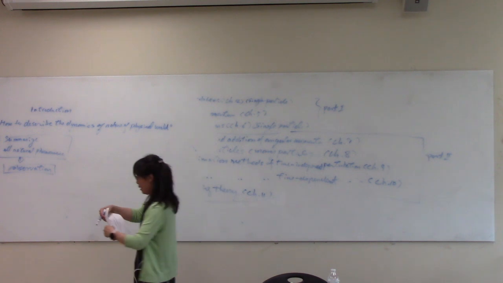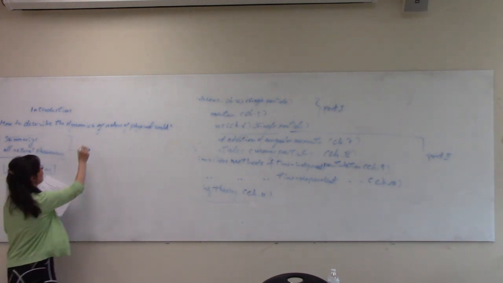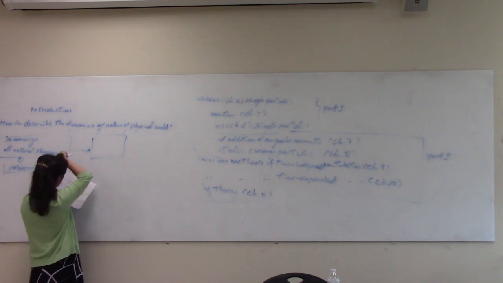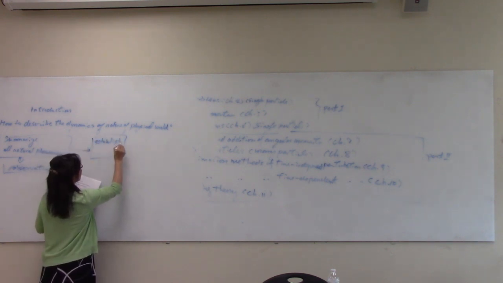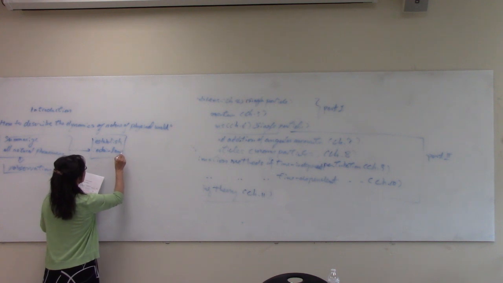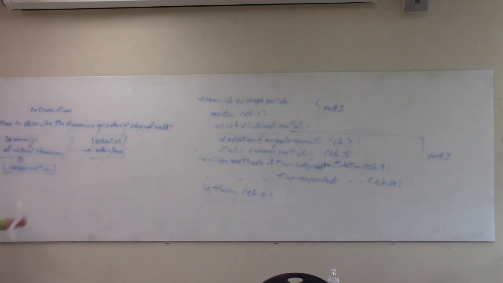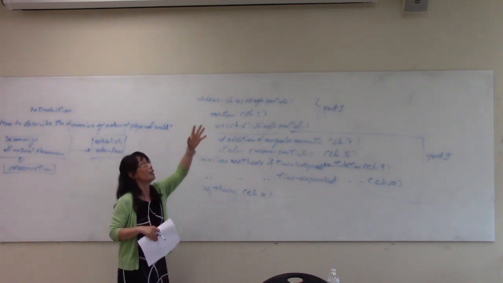Then with this, what we are going to do is establish theory, right? Okay, so we establish certain laws. Like Newton's law. Newton tried to observe, for example, the apple.